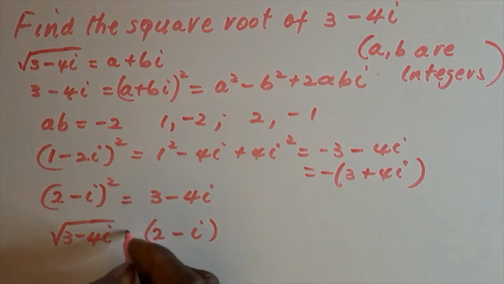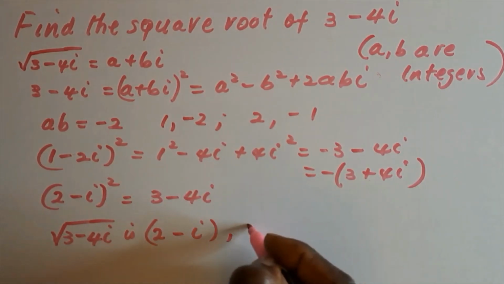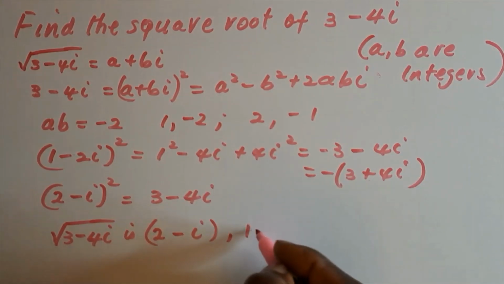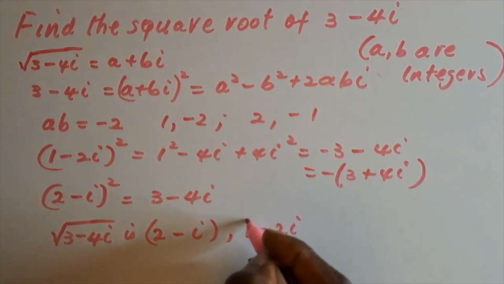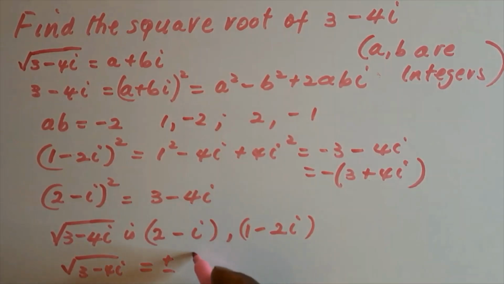This one is 2 minus i, and the other is 1 minus 2i. And we can write this as the square root of 3 minus 4i is equal to plus or minus 2 minus i.